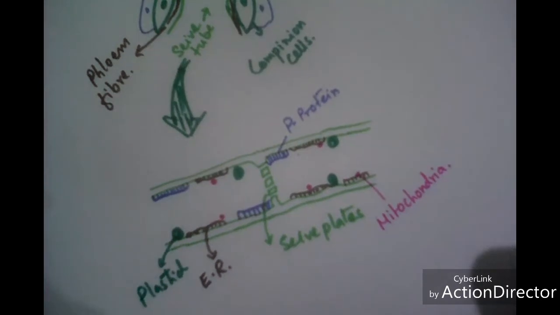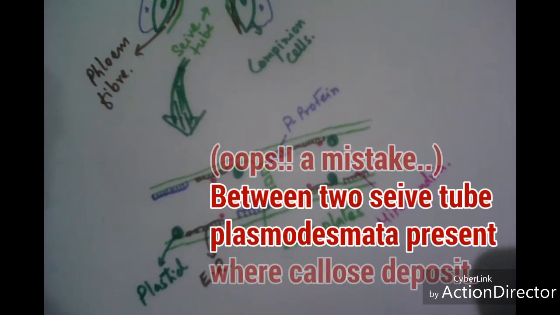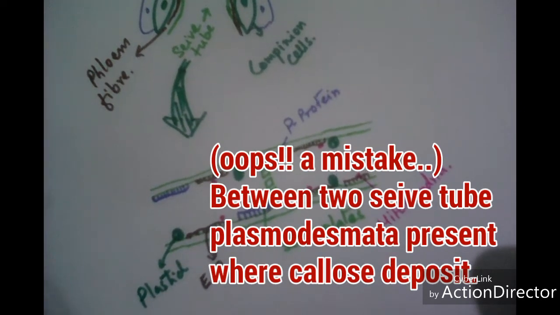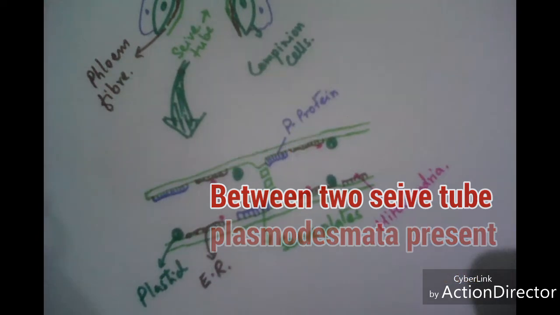Another important point about sieve tube is that between two sieve tubes some discontinuous gaps are present. These are called callose.